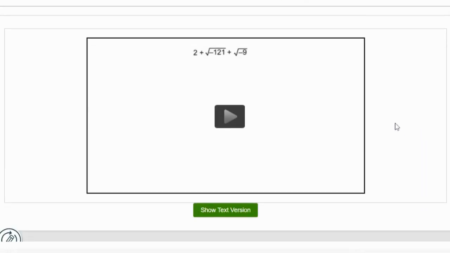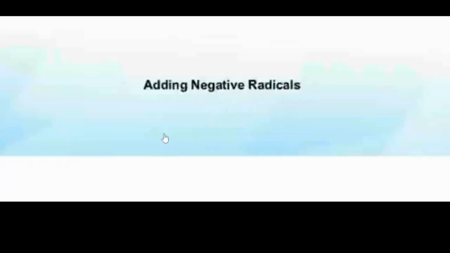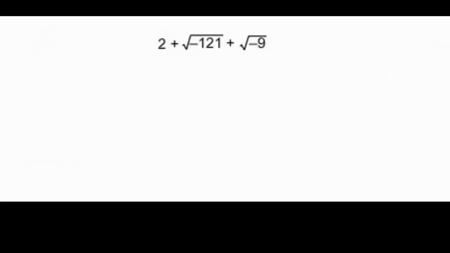Real from real. Here's another one that's a little bit different. We got 2 plus the square root of negative 121 plus the square root of negative 9. So we're going to do some more work before we can do our addition there. So let's look at how they did this one. A lot of students would see this expression and want to add negative 121 and negative 9 right away.